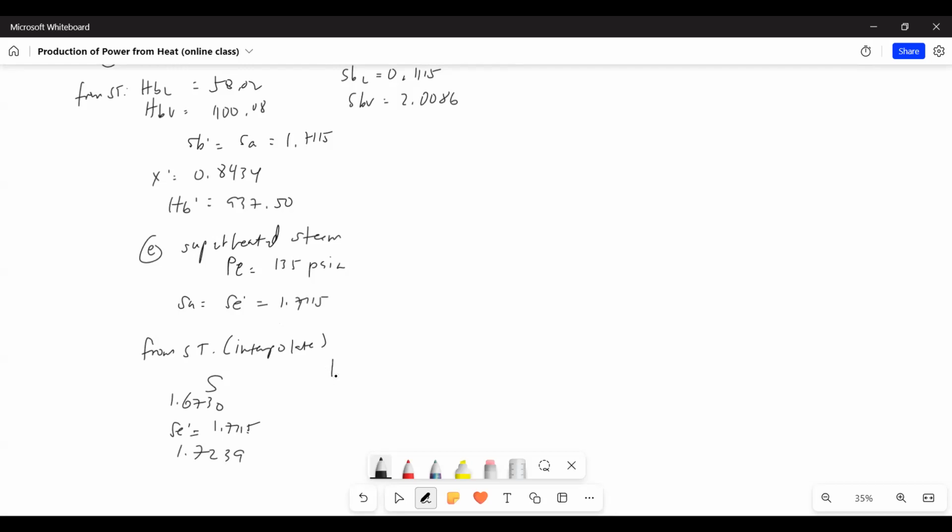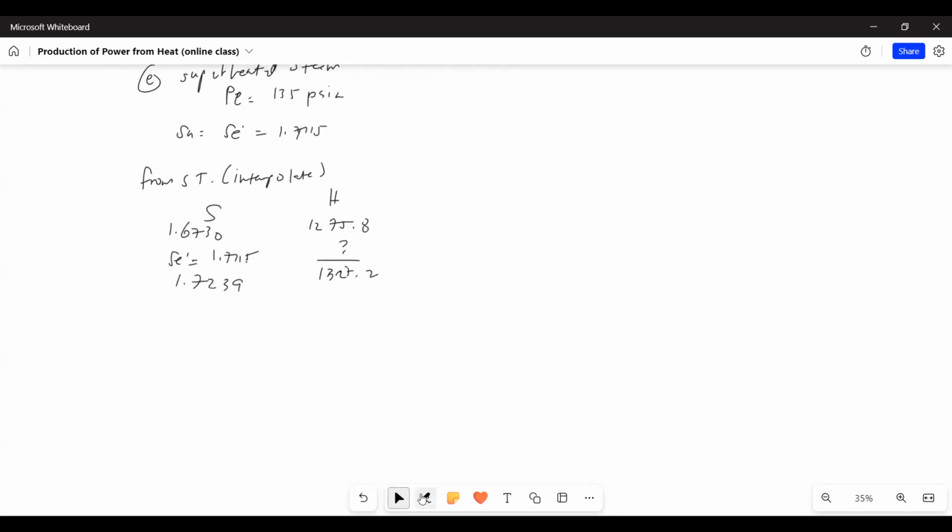Using that, interpolate the value of HE prime. Okay, and you will get, so this is the unknown right here, 1327.2. You will get HE prime by interpolation from the steam table using the pressure and entropy. And assuming isentropic expansion, so HE prime, you will get 1314.68.